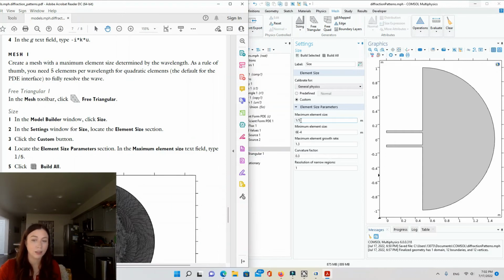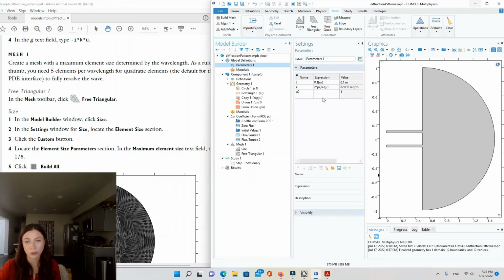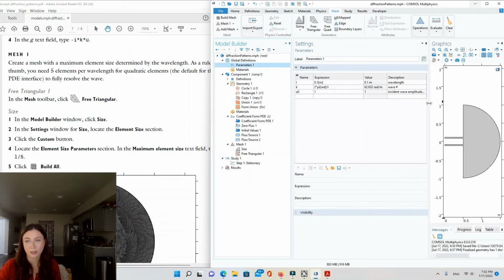So if we're saying 1/5 meter is the maximum element size, and our wavelength, if you recall from the parameters, lambda, is 0.1 meters.